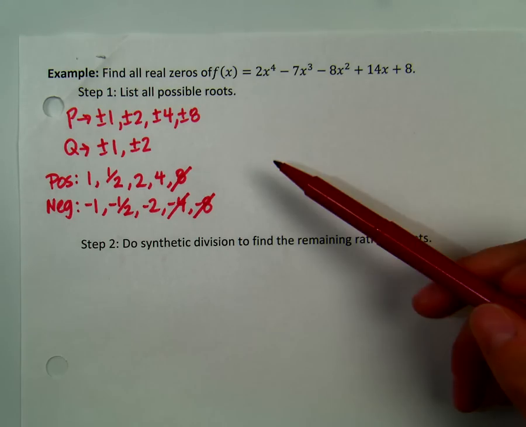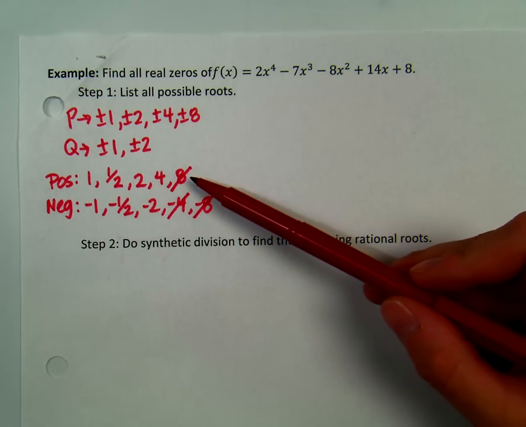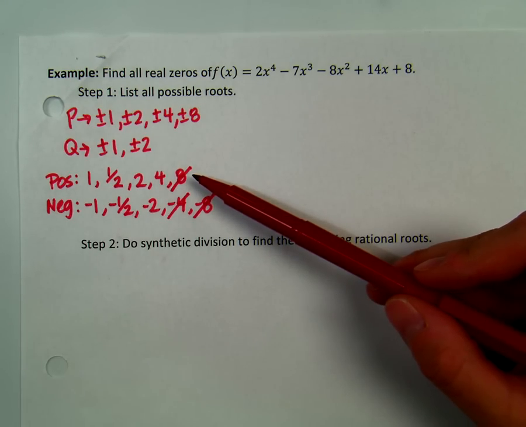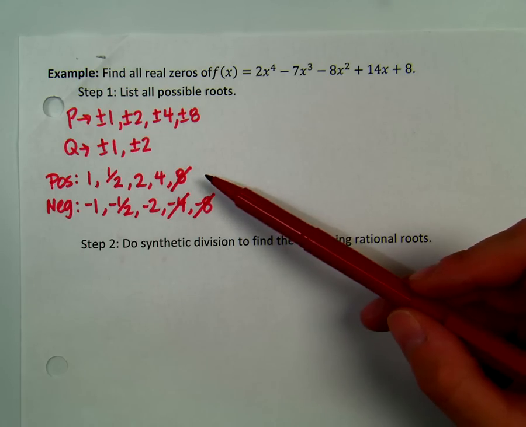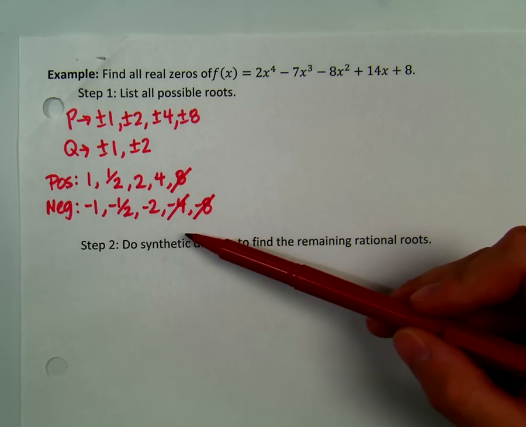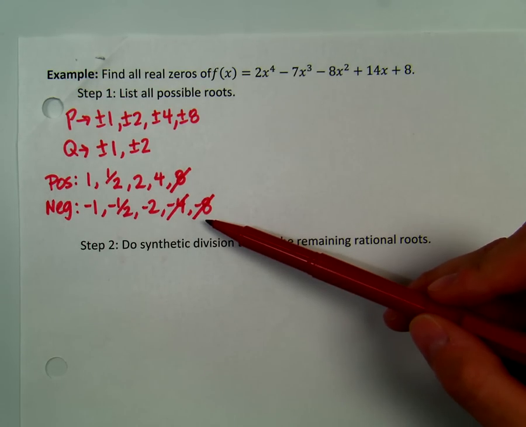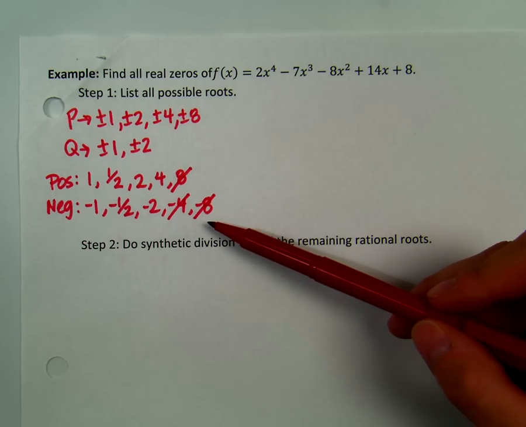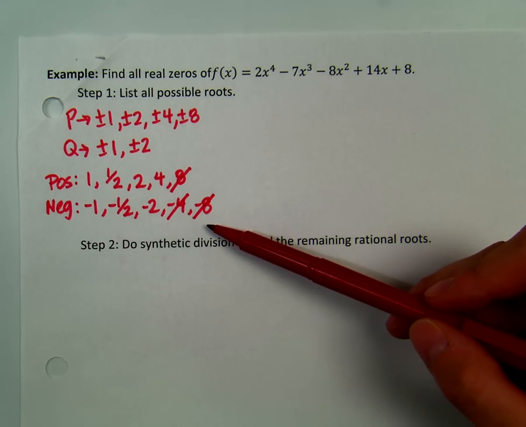Also, I've crossed out 8 because in the previous example, we found that the upper bound was 5. 8 is more than 5, so 8 is not a factor. I also crossed out negative 4 and negative 8 because our lower bound is negative 2. Therefore, since negative 4 and negative 8 are less than negative 2, they cannot be roots.